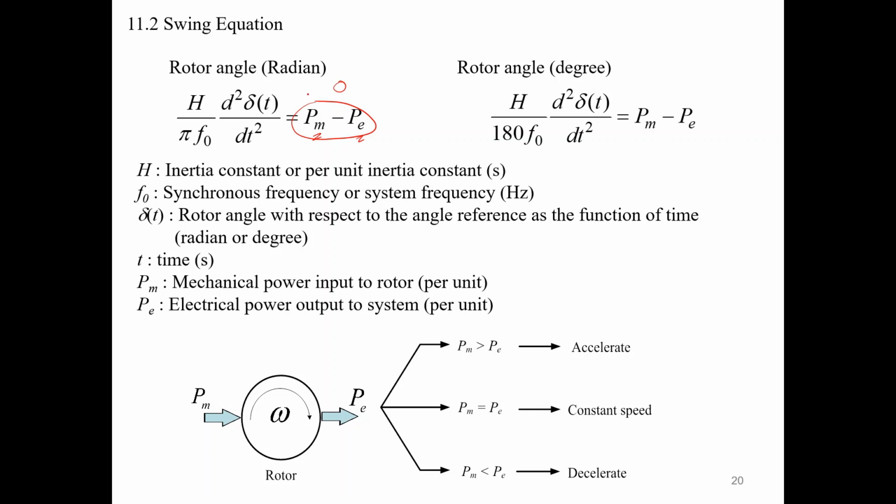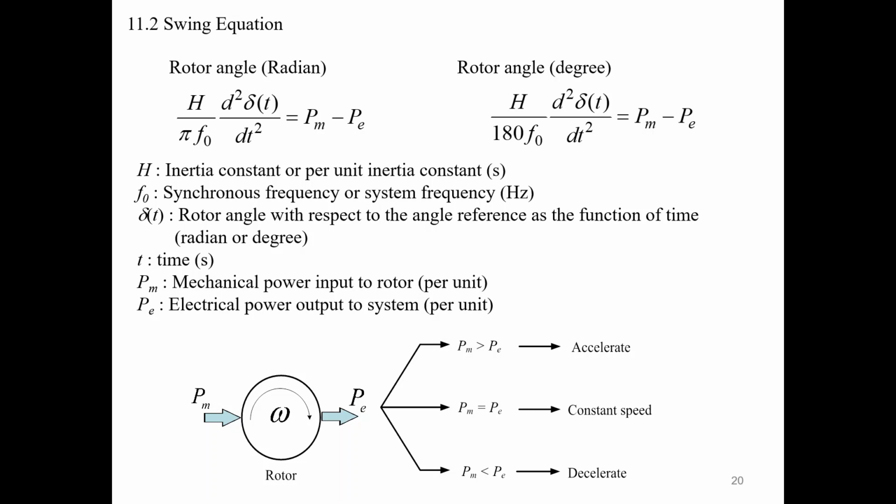Last time we saw that when Pm is greater than Pe, meaning that you give too much mechanical power input, the machine is going to be accelerated.